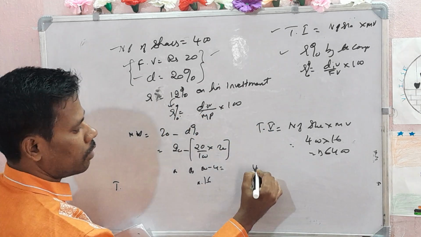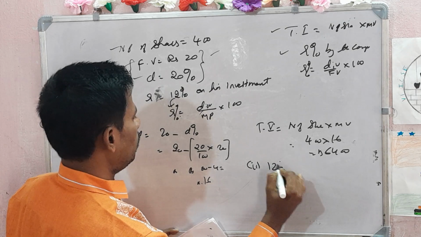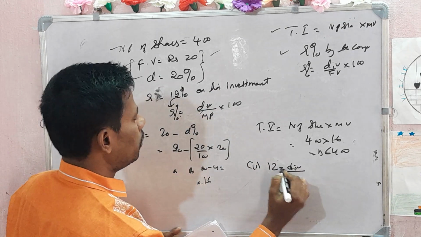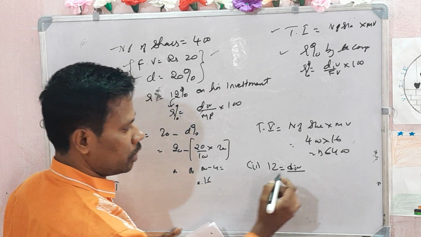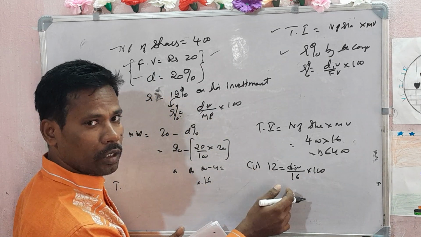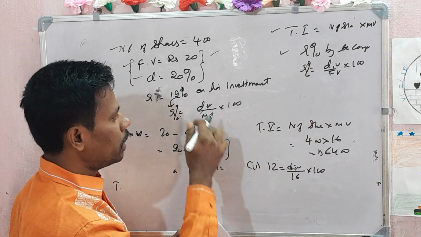Rate percentage is given as 12. 12 is equal to dividend by market price, market value we know, 16, into 100. If we know the dividend, then we can find the other one. We don't know the dividend, that's why I am using this.